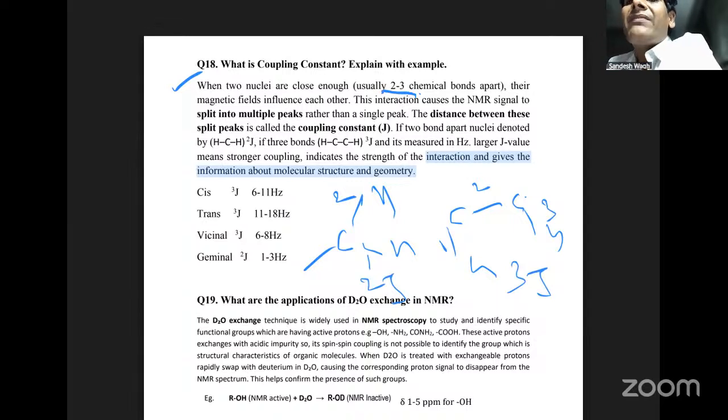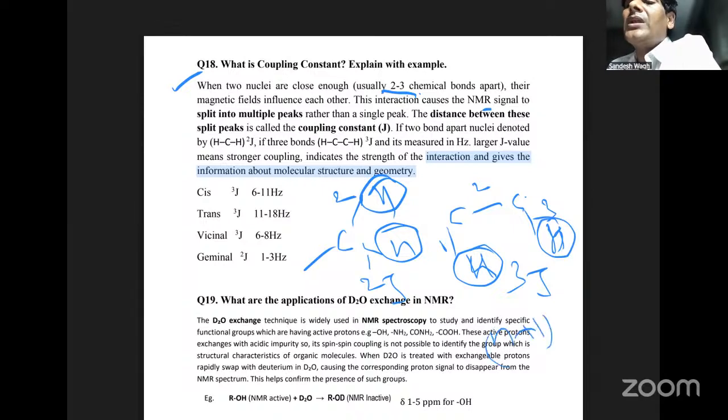Their magnetic fields influence each other, because this H and this H magnetic field influence each other, and this interaction causes the signal to split. We know that this proton takes the n+1 rule and splits as a doublet, if nothing else is attached here, and this will also be a doublet.